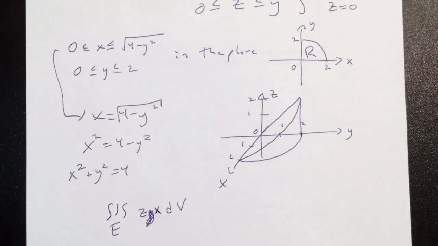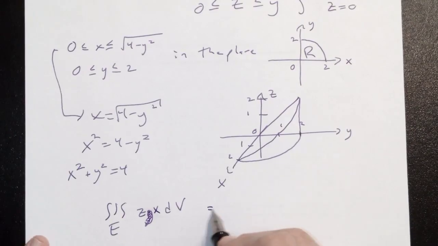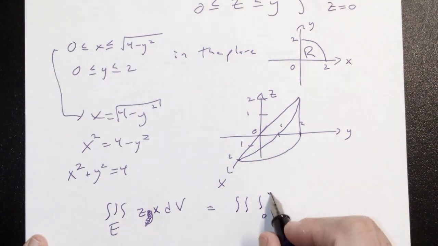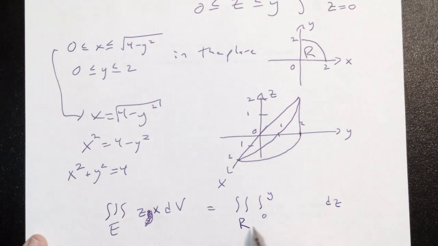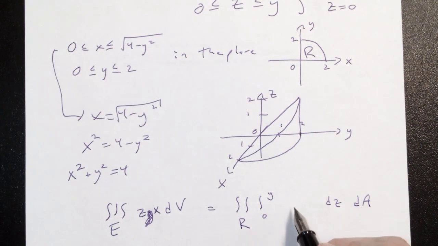The integral of zx dv can now be thought of as the integral from 0 to y dz, and then over R dA. You'll notice I didn't write it dx dy dz or dz dx dy or any like that, right? I just said, I'm going to do this one first, and then I'll have a double integral.